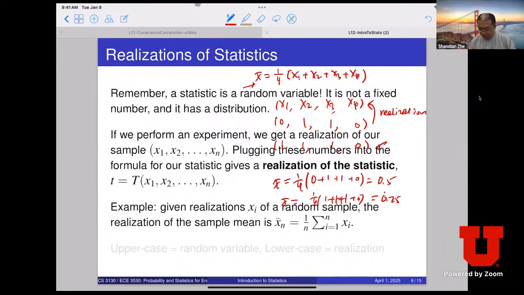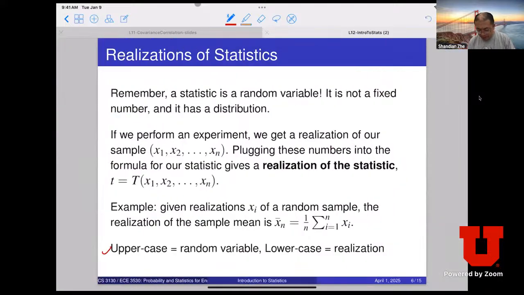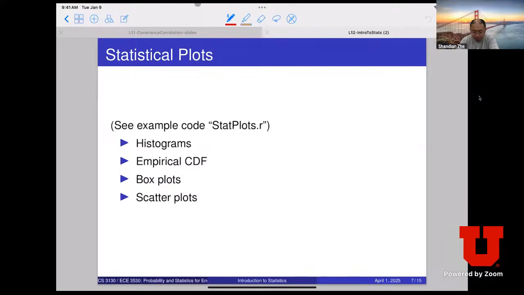Okay, great. In statistical literature, we usually use uppercase to represent a random variable and lowercase to represent the realization of the random variable, meaning that if you do the experiment and measure the value of the random variable, this measured value is usually denoted by lowercase letters.